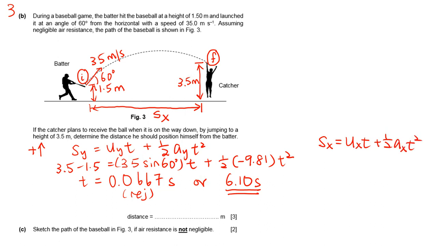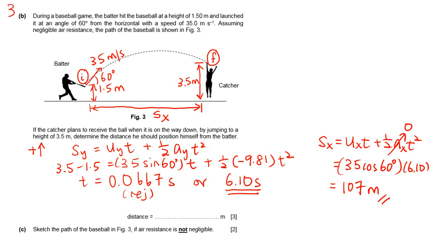Since there's no horizontal acceleration, I can cancel this to be 0. Sx will be equal to the horizontal speed, which is 35 cosine 60 degrees multiplied by the time. In this case, found to be 6.10 second, and therefore the answer is 107 meters.